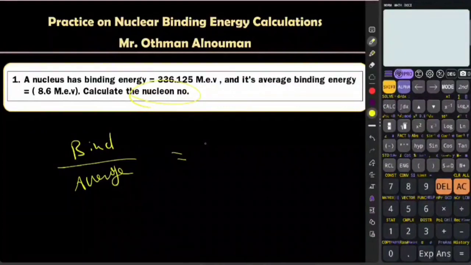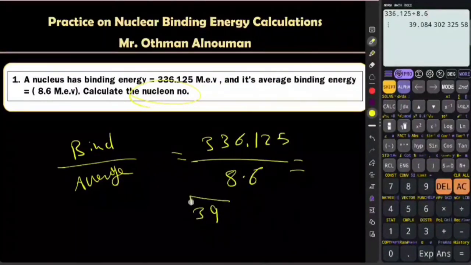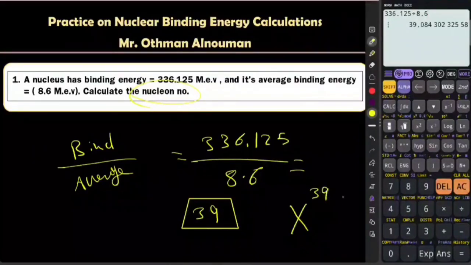So it's going to be 336.125 over 8.6, and now we are going to find the number of nucleons, and that would be 39. So this is the nucleon number. So for this element X, the mass number or the nucleon number is going to be 39, and we solved it.